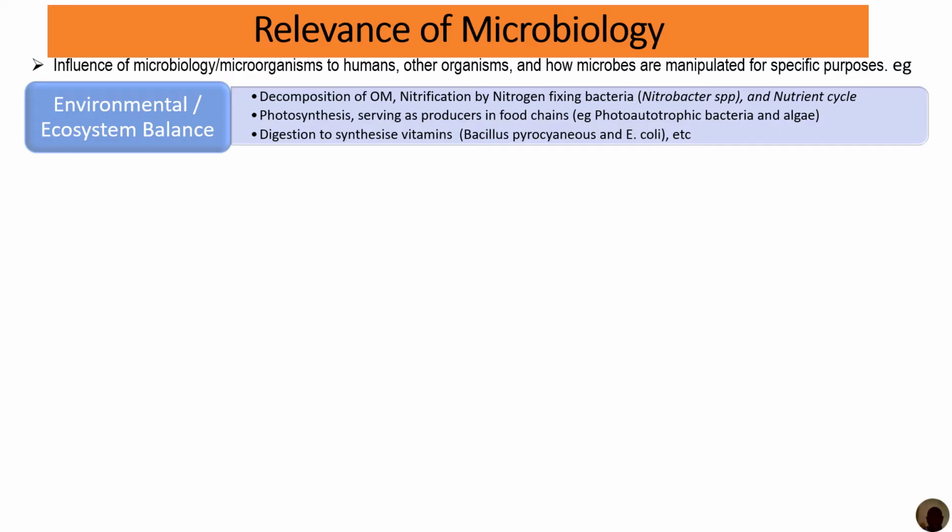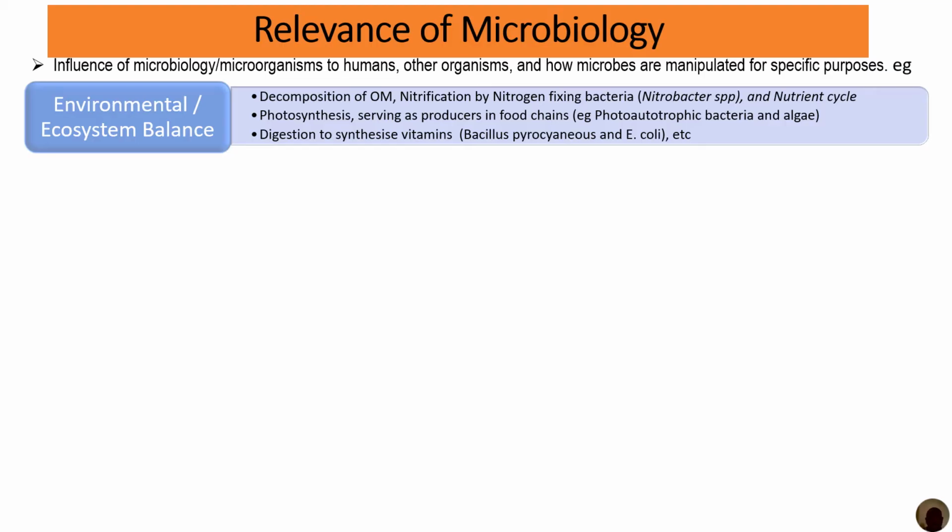Microorganisms also carry out nitrification, that is fixation of nitrogen and making it available to the plant in the form of nitrate. An example is nitrogen fixing bacteria. Also, through the decomposition process, many microorganisms are involved in nutrient cycles, cycling essential elements in nature, such as the carbon cycle, nitrogen cycle, oxygen cycle. All these cycles require microorganisms to complete.